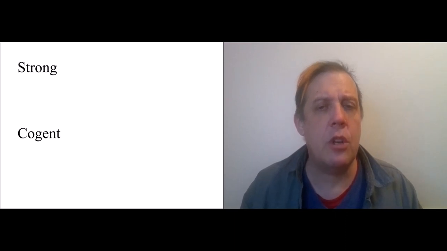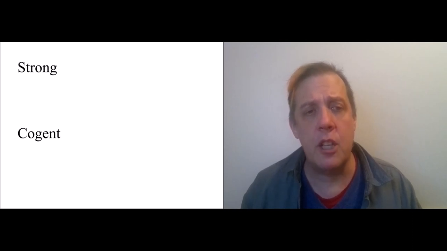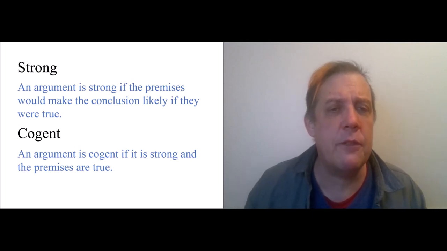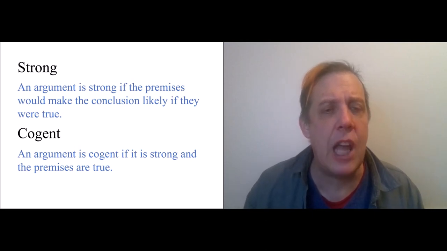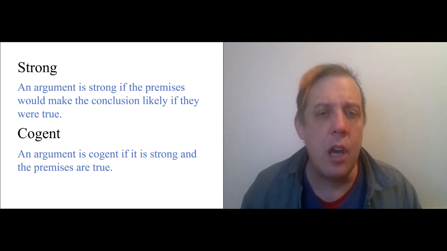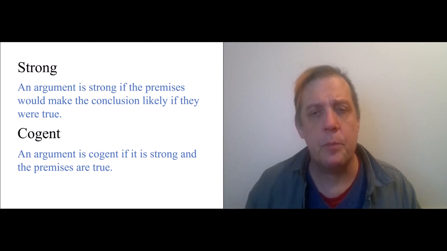Cogent is the equivalent of sound for arguments that are strong. So an argument is strong if the premises would make the conclusion likely if they were true. And then an argument is cogent if it is strong and the premises are true.